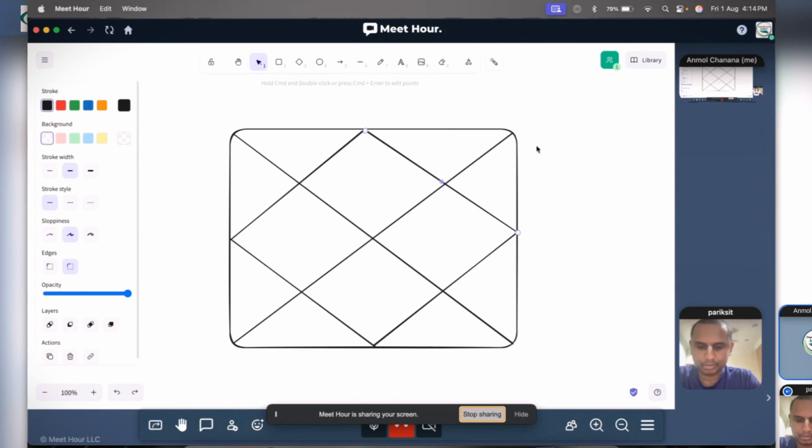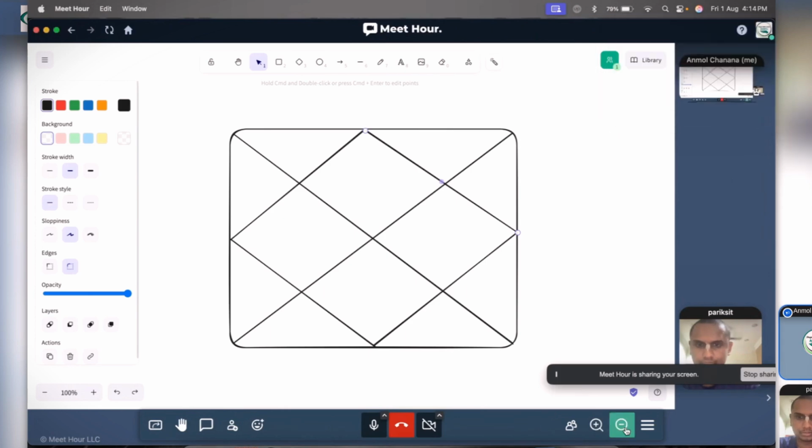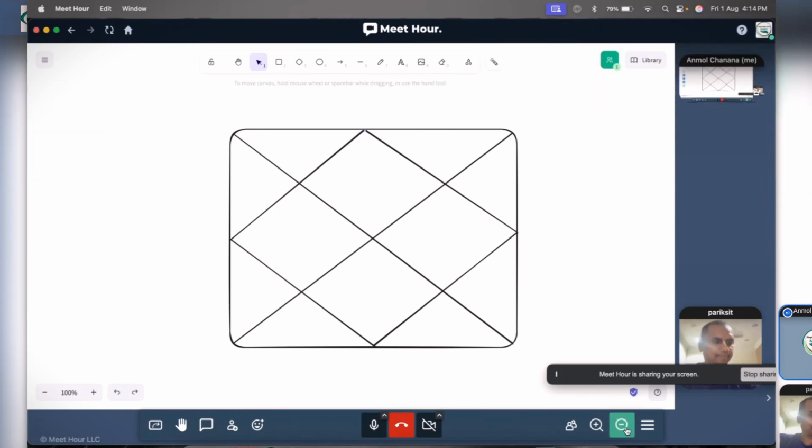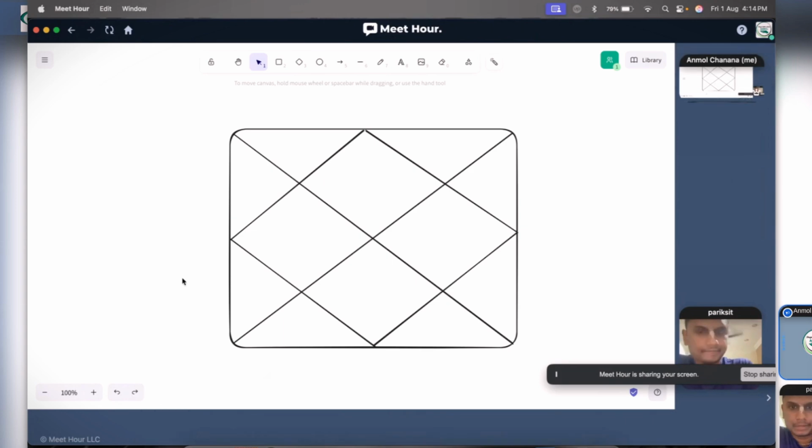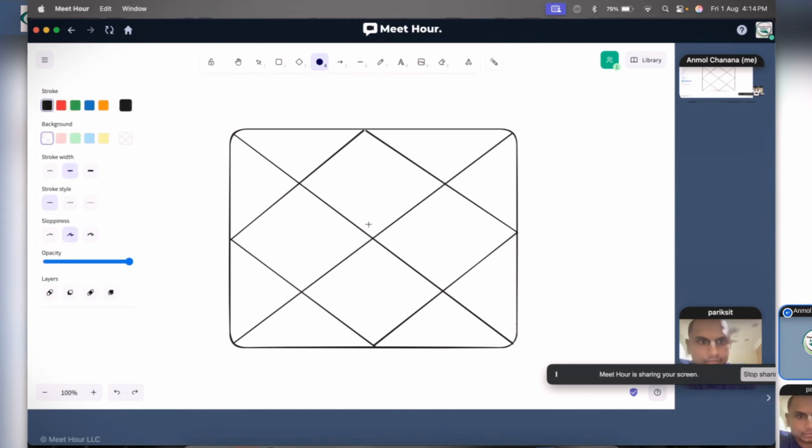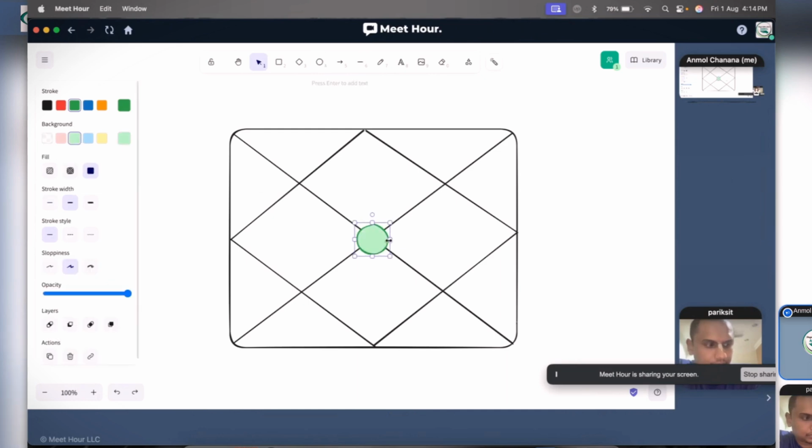Consider this as a space. This is your space, and this point, the middle point, is your Earth.